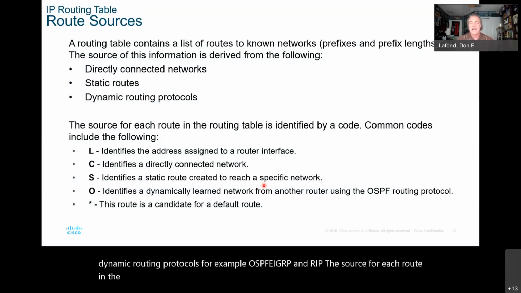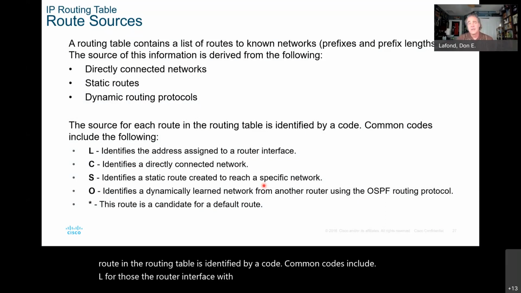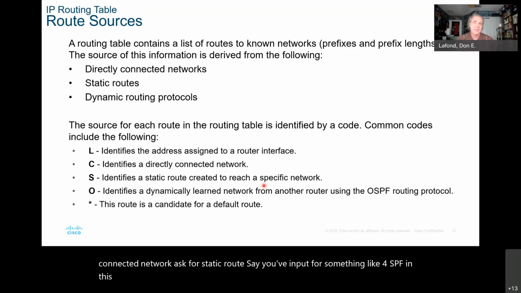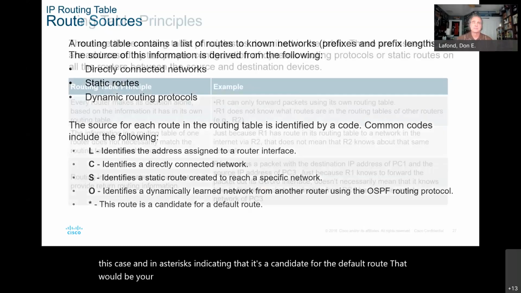Common codes include L for the router interface, C for the directly connected network, S for static routes that you've input, O for OSPF in this case, and an asterisk indicating that it's a candidate for the default route. That would be your quad zeros in IPv4.